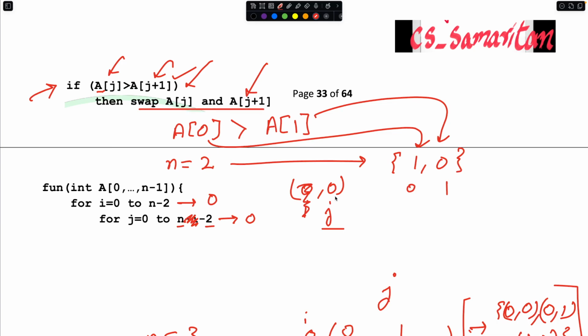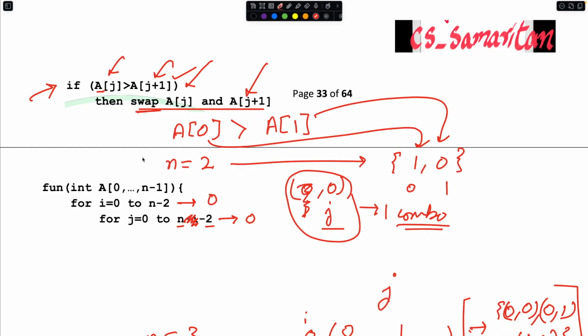There is only one combination of i and j present, only one combo. So the number of swaps being performed is going to be less than or equal to 1. As this condition was met, the less than or equal to 1 became 1. For one combo of i and j, this swap was executed once.